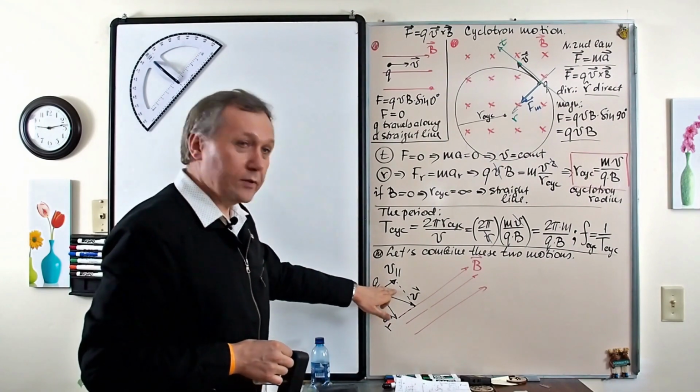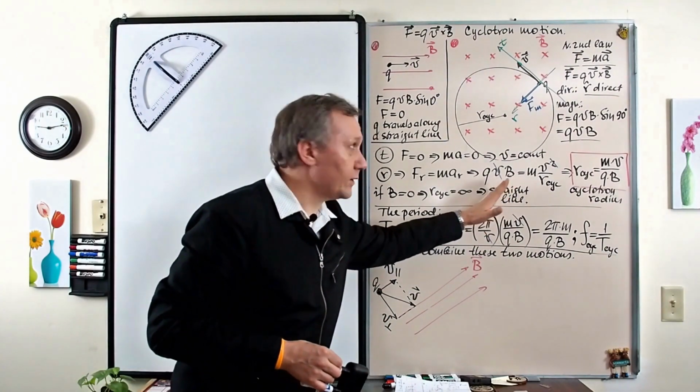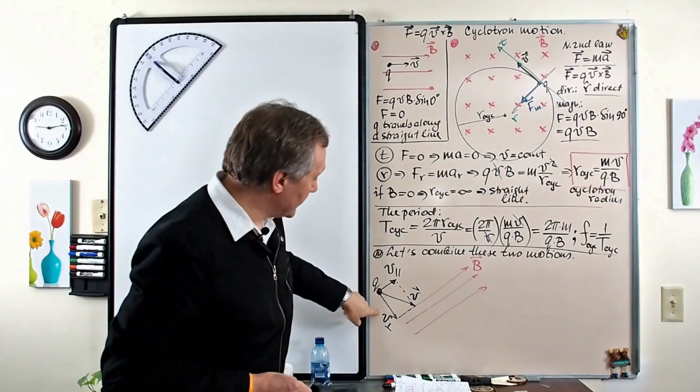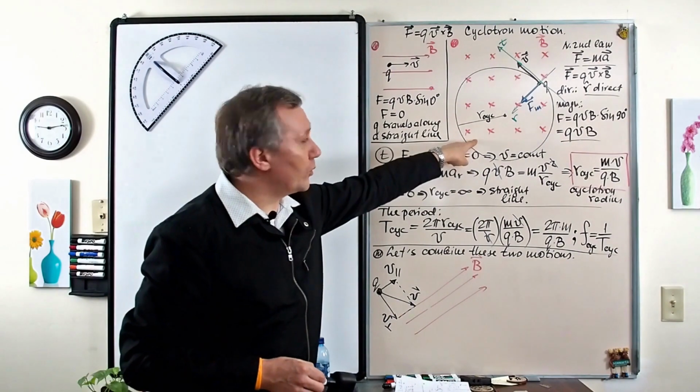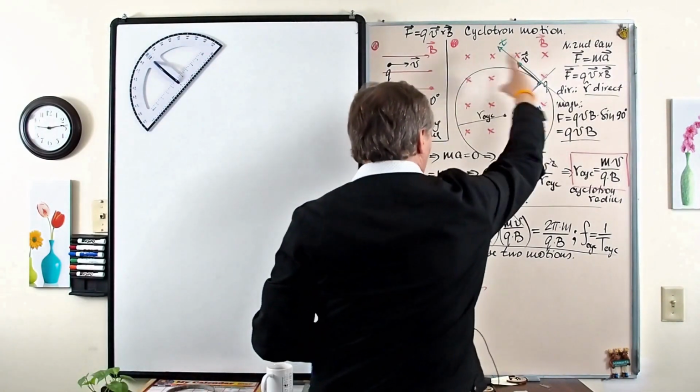So this particle is going to experience a uniform translational motion along the magnetic field lines. But on top of that, this component perpendicular to the magnetic field lines is going to give us circular motion.